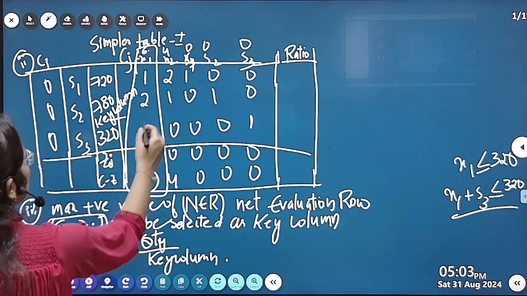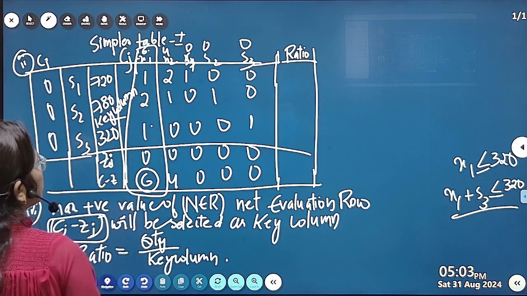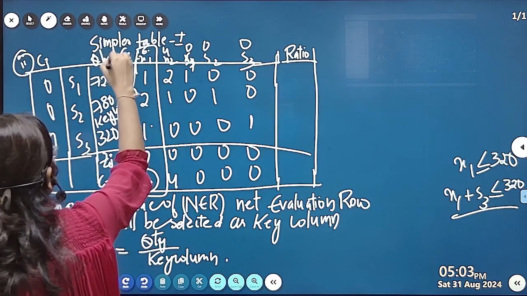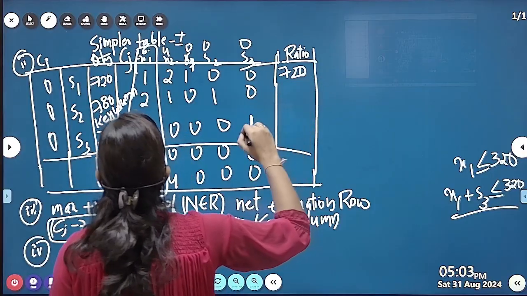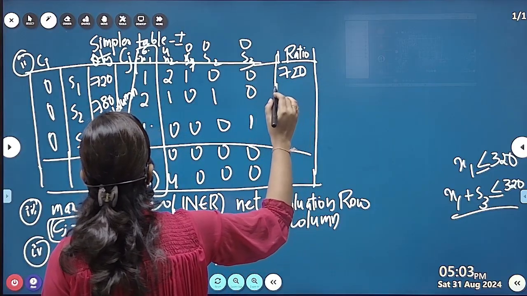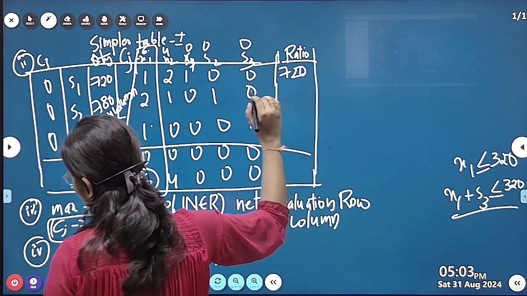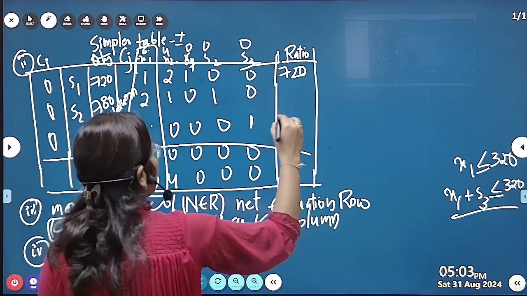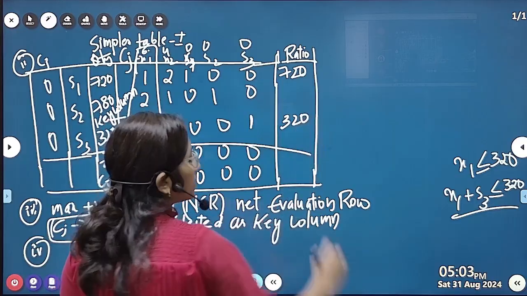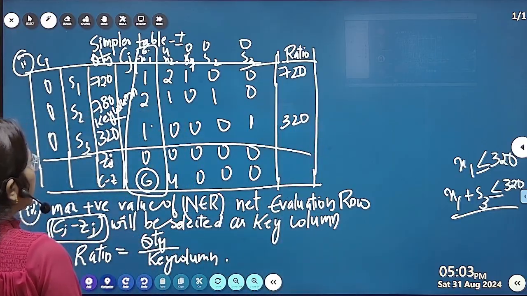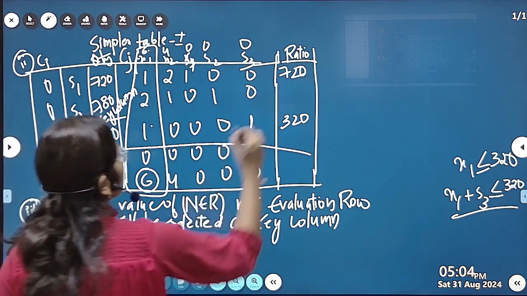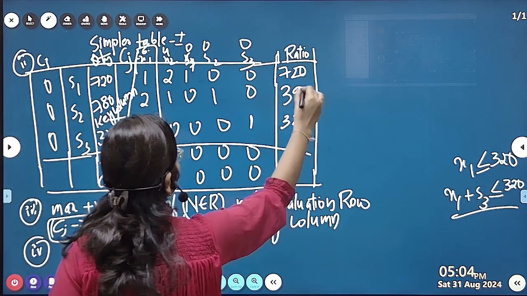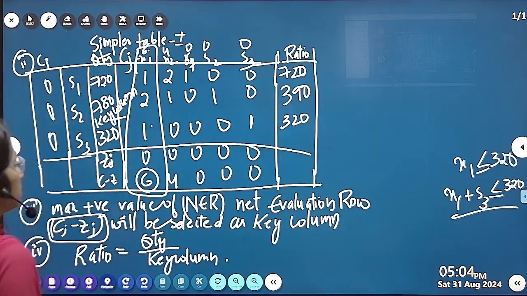So now the quantity is divided by this key column. The ratio will be 720 divided by 1 and 780 divided by 2, which is 390. So these are the ratios we got. Copy till here.